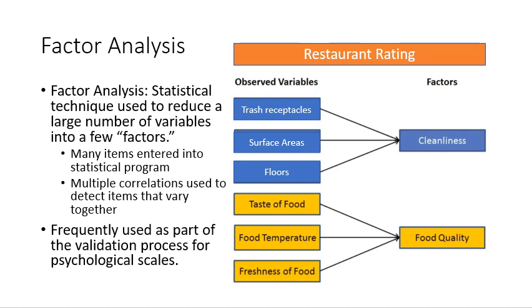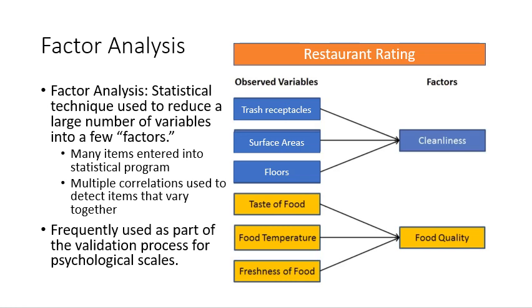Then the researcher, seeing the statistics showing that these items tend to vary together, might name the variable food quality. And if these 3 areas were also part of our indicators, the trash receptacles, the surface areas, and the floors, and scores on trash receptacle cleanliness were high, surface areas were high, floors were high, these would vary together.